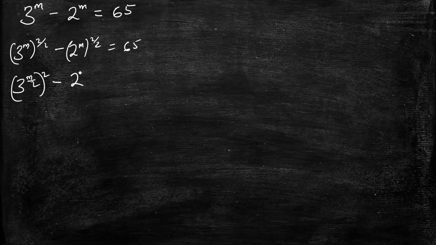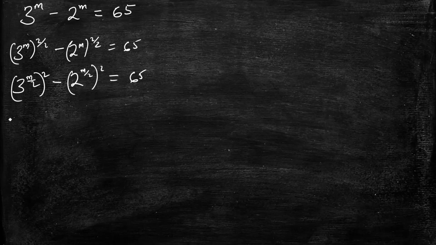Okay, move on with the other one. So we have 2 raised to m, to the power 2, equals 65. Now we can perform the difference of two squares, but let's represent what is inside the bracket by different variables in order to make it easier and faster.